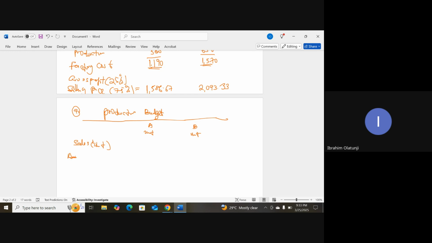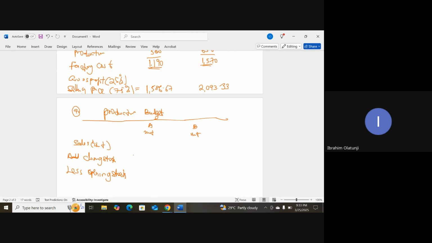Then I will add my closing stock. Then I will less my opening stock. Then what is the sales unit?